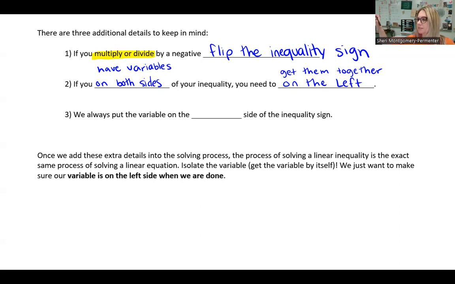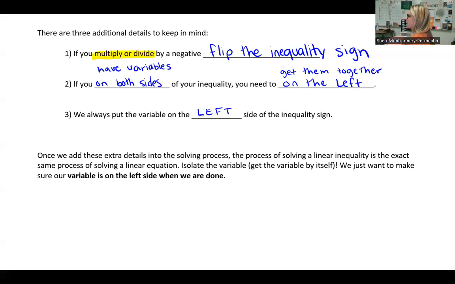If you see an X on the left and an X on the right, we want to get them together and we want all the variables to be on the left. That's bullet point 3. We will always put the variable on the left side of the inequality sign.